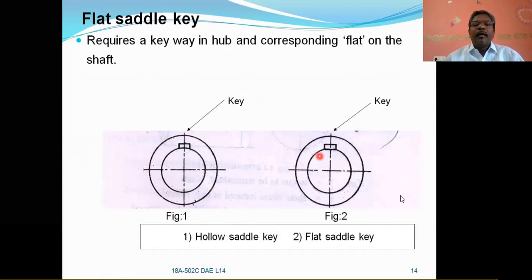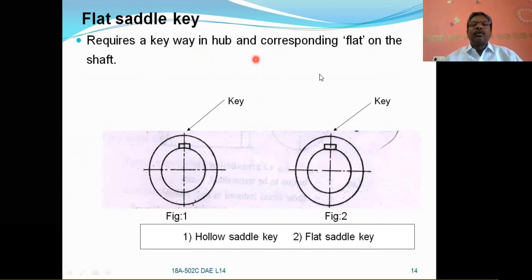And next, the flat saddle key. The second saddle key is the flat saddle key, and it requires a keyway in the hub, same as in the previous case, but it has a corresponding flat surface at the bottom. That means here it is a flat surface, whereas in the previous case it is curved. A corresponding flat should be there on the shaft itself.